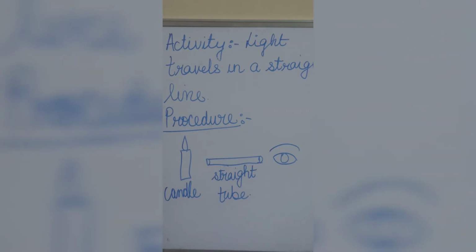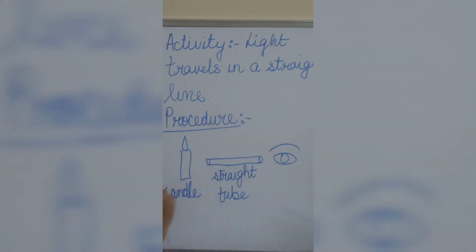Place a lighted candle on a table, take a short piece of hollow rubber tube, and from one side of the tube you just peep over here. Look at the flame of the candle. Then you will find that you can see the flame.